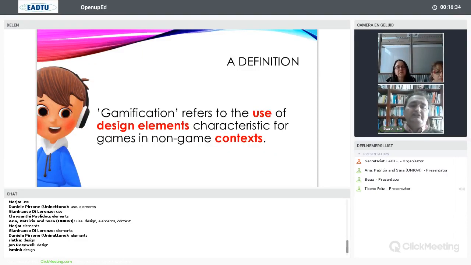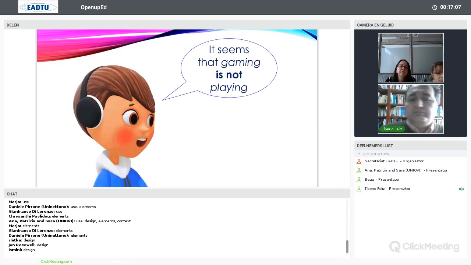screen with the definition. Gamification refers to the use of design elements, characteristics of games, in non-game contexts. Okay? We had some problems with the order of words, so the first one can't be "elements," as I was saying. Oh yes, you are right.